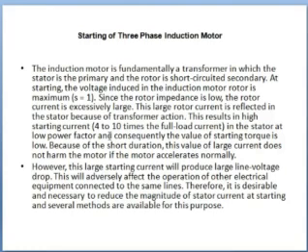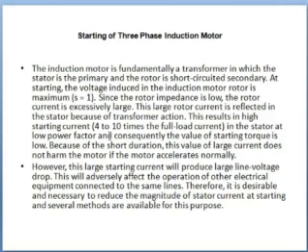The slip ring induction motor has a special provision to connect external resistance to the rotor so that we can limit the starting current. But for the cage induction motor, there is no provision to connect external resistance to the rotor.